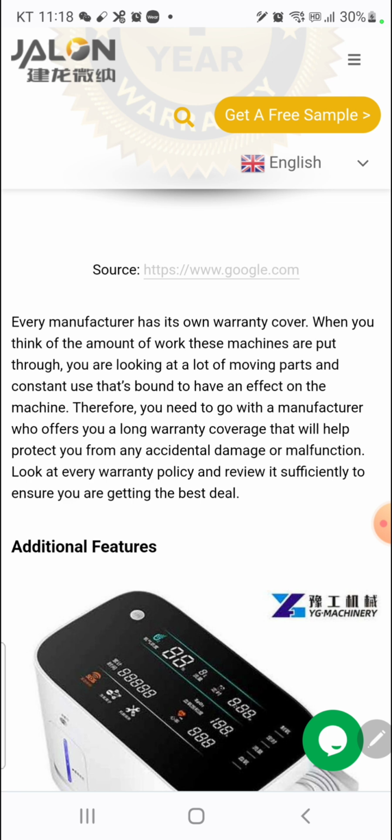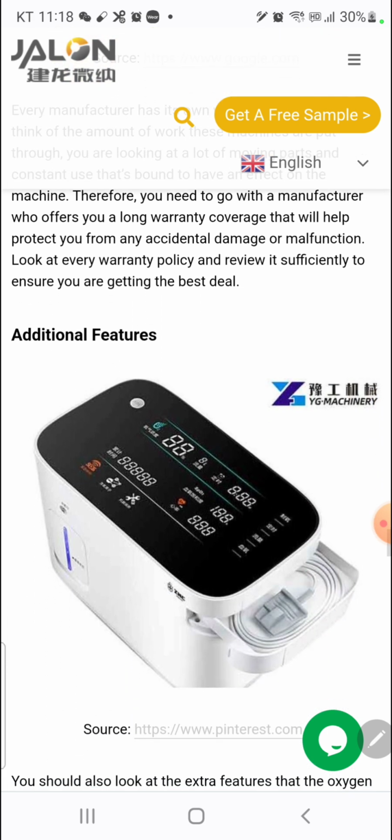Therefore, you need to go with a manufacturer who offers you a long warranty coverage. That will help protect you from any accidental damage or malfunction. Look at every warranty policy and review it sufficiently to ensure you are getting the best deal there is.